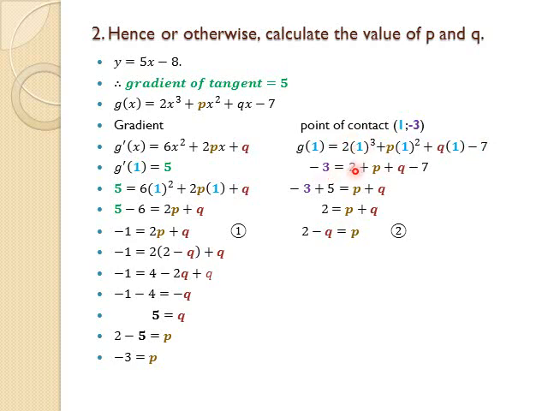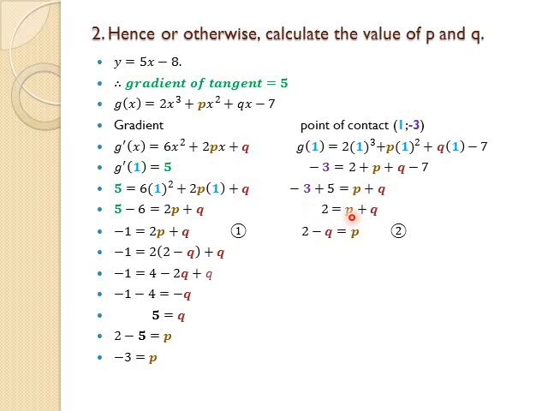So 2 times 1 is 2. 1 squared is 1 times p stays p. q times 1 stays q, minus 7. 2 minus 7 gives me negative 5. If I take negative 5 across, it becomes plus 5. And there I'm left with p plus q equals 5 minus 3, which gives me 2.